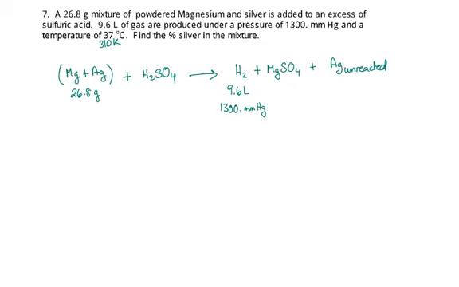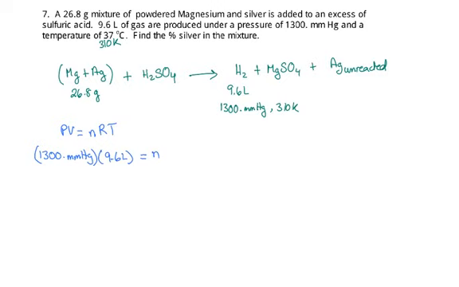I'm also given a temperature, 310 Kelvin. So I can solve for amount. PV equals nRT. Pressure is 1300 millimeters of mercury. Volume is 9.6 liters. Amount of hydrogen is what I'm solving for.